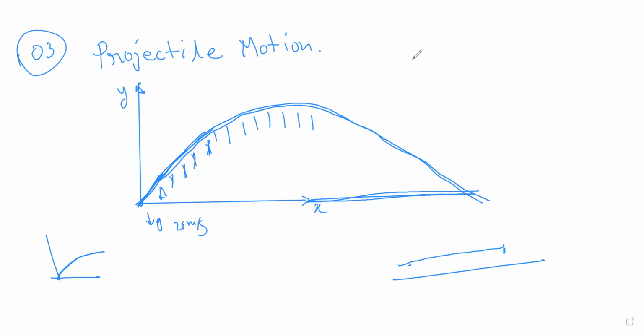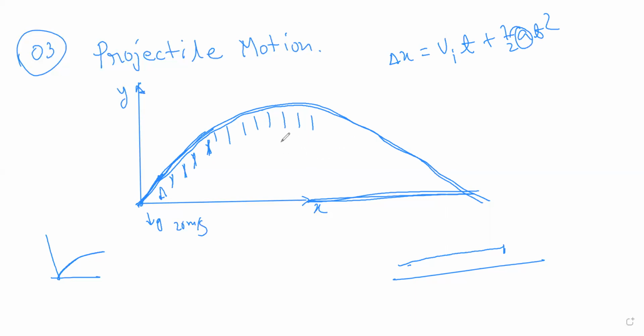Why? Because if you remember our formula, del x equals v initial t plus half a t squared. Here we have acceleration, but in our case we will not have acceleration. We will have deceleration.